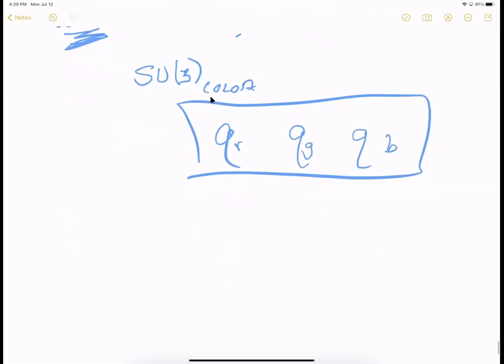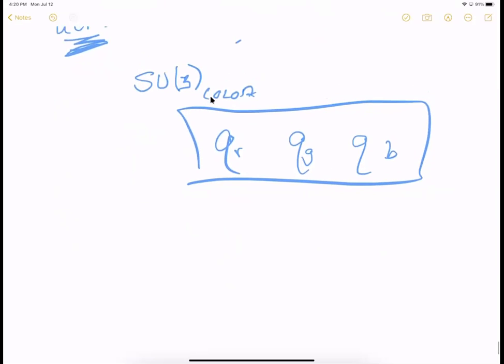Yeah, okay, great. So each of the 6 quarks, up, down, charm, strange, top, and bottom, each of these comes in all 3 kinds: red up, green up, and blue up. And same for all the others. And there's a color symmetry that's SU3.